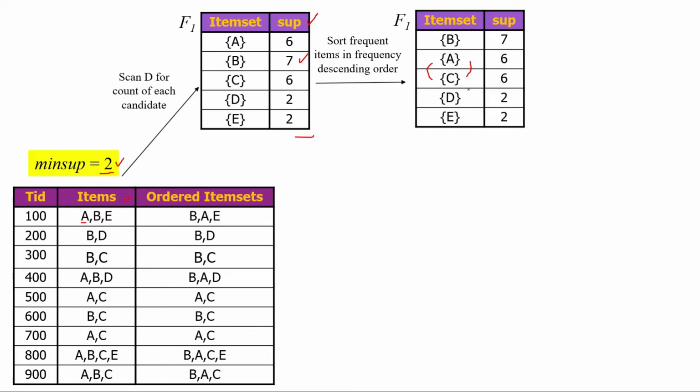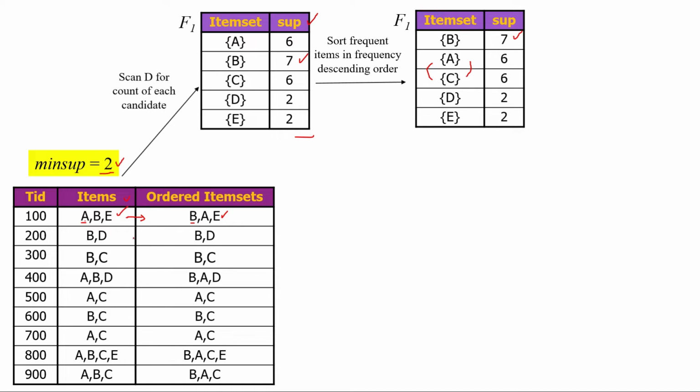So after that, according to this order, we ordered these item sets into descending order of their frequency or support count. So according to this table, we can order these item sets. Like B has 7 support count, so it occurs first, then A with 6 and E with 2. So it is the ordered representation of these item sets of transaction ID 100.